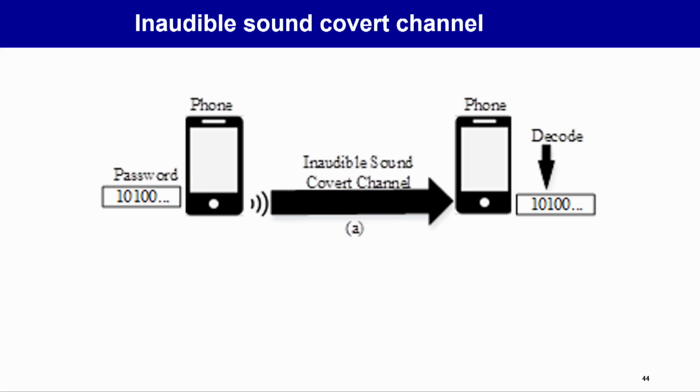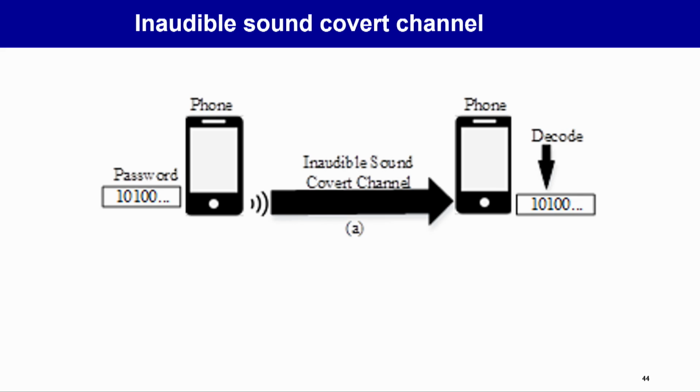So how can you stop it? The main thing is, like I said, the sound level is high or low for 1 and 0. So you need to make the sound level the same so it can be stopped. You can have some extra mechanism to sense the sound level.